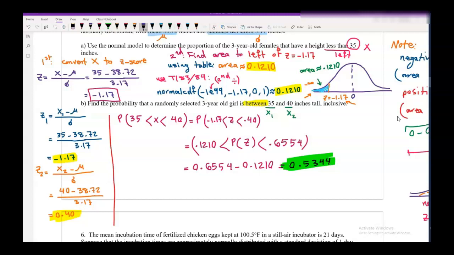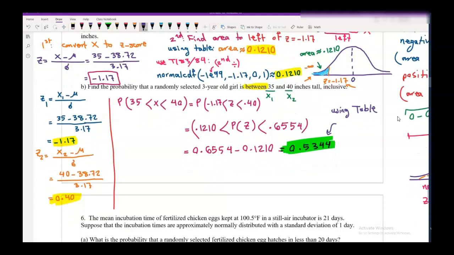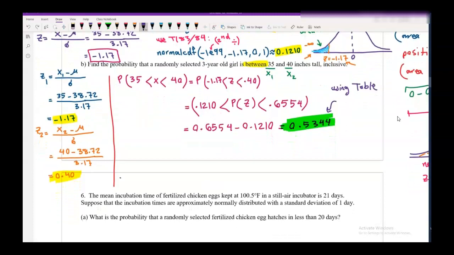Now use the calculator. This was using the table. I'm going to draw this one. Again, in between z is 0.